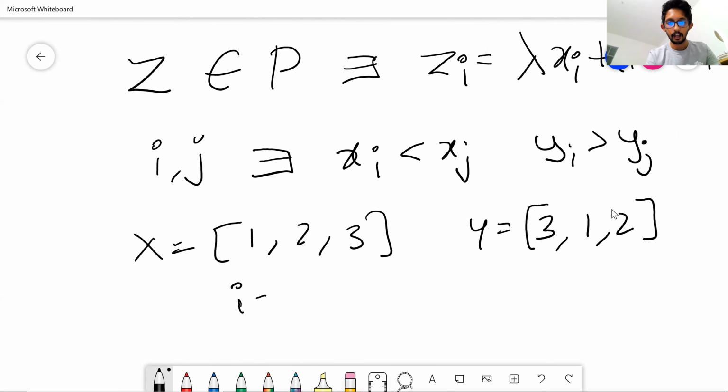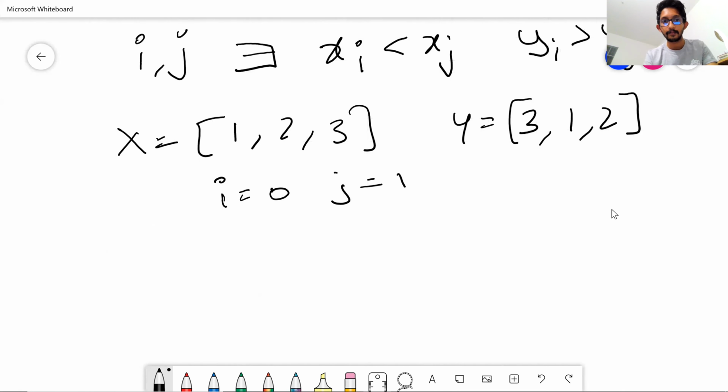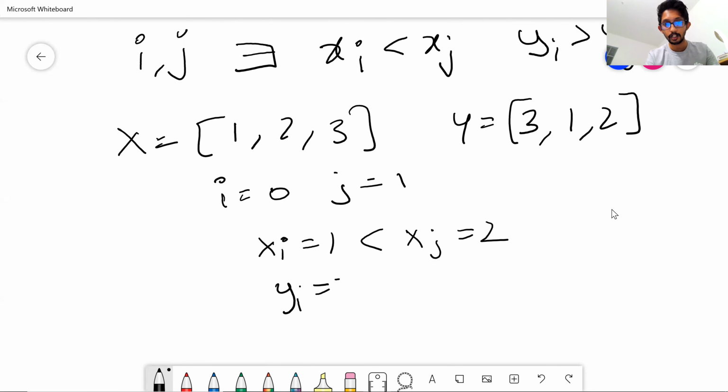And let's think that i is 0 and j is 1. In this case, xi, which is 1, is less than xj, which is 2. But yi, which is 3, is greater than yj, which is 1. So you see that, right?